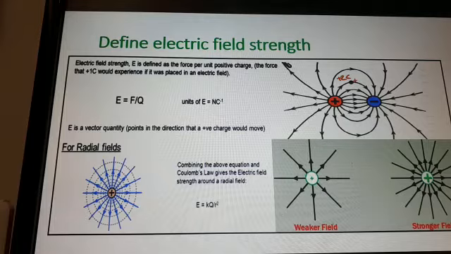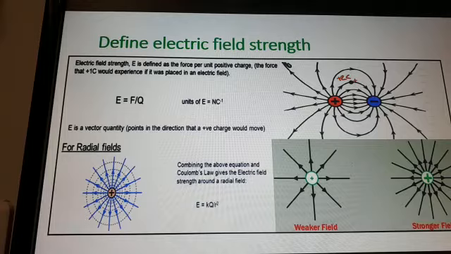For a radial field, you have to combine this equation with Coulomb's law. Do you remember Coulomb's law? Coulomb's law states that the force between two point charges is directly proportional to the product of their charges and inversely proportional to the square of the distance between their centers.